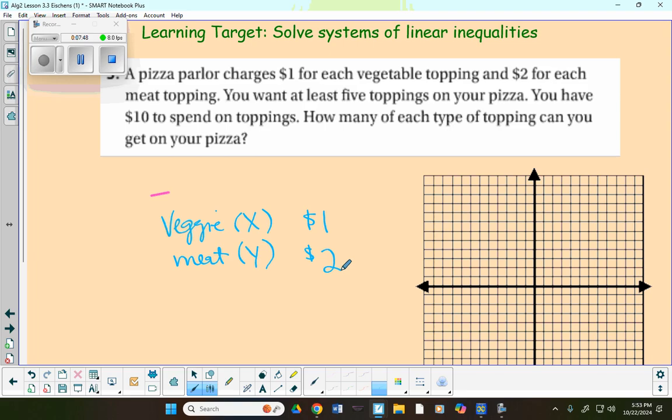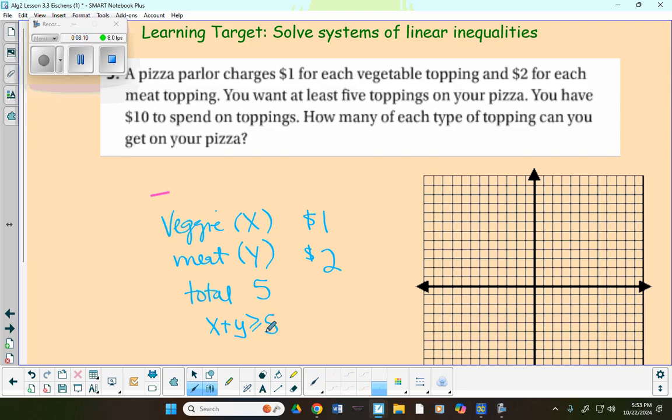You want at least 5 toppings. So the total that you want to have would be 5. So if you add your X's and your Y's together, X plus Y, you want at least 5. So they could equal 5, or it could be greater than or equal to 5.